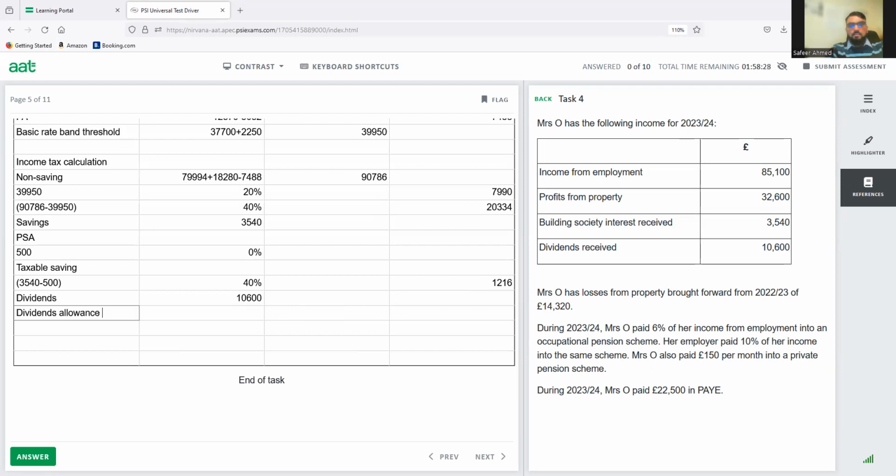For tax year 23-24, the dividend allowance is 1,000. For the tax year 22-23, it was 2,000. So depending on which Finance Act you are studying, you will calculate the dividend allowance. In this case, the dividend allowance is 1,000, okay?